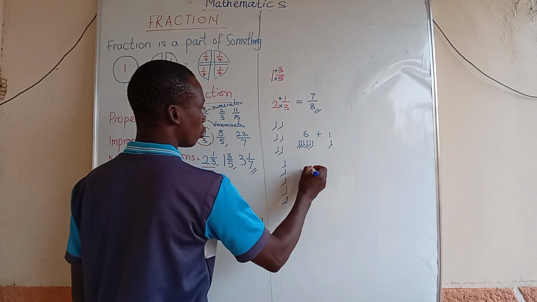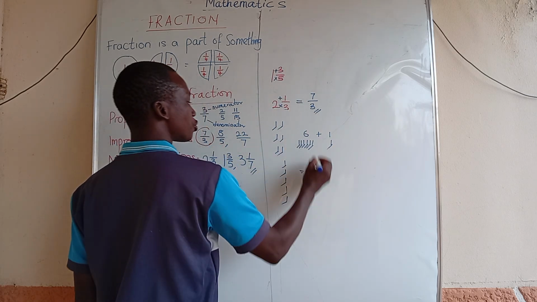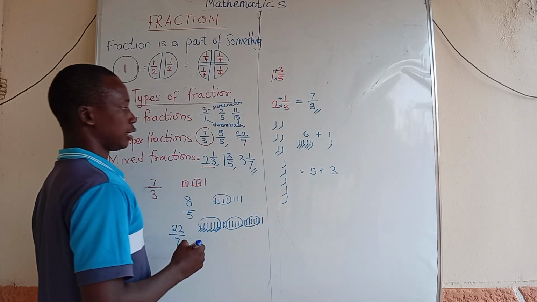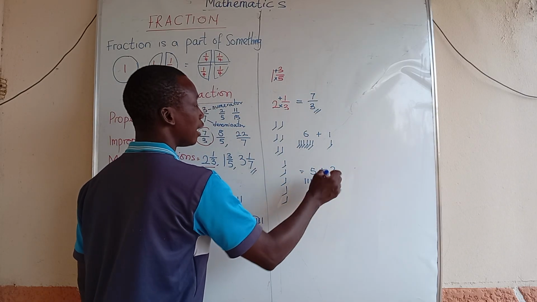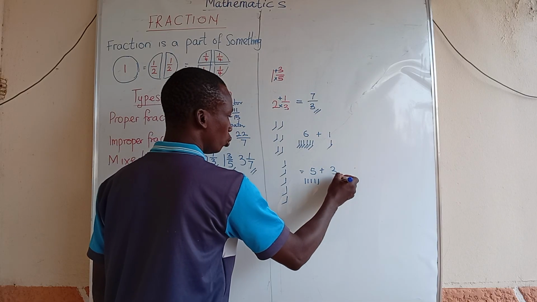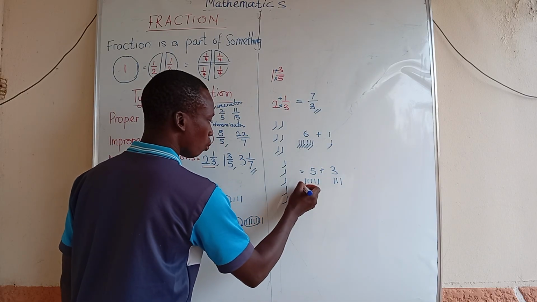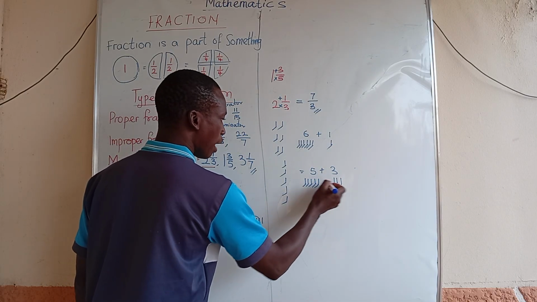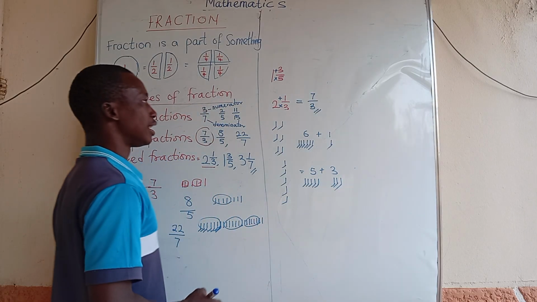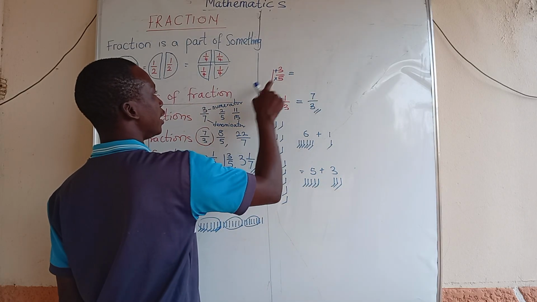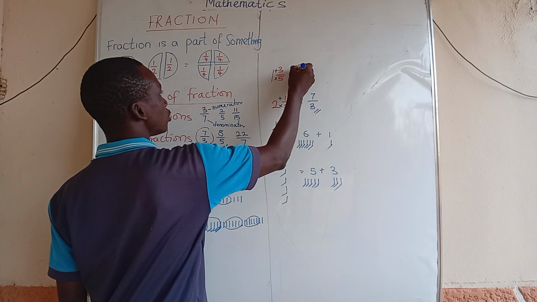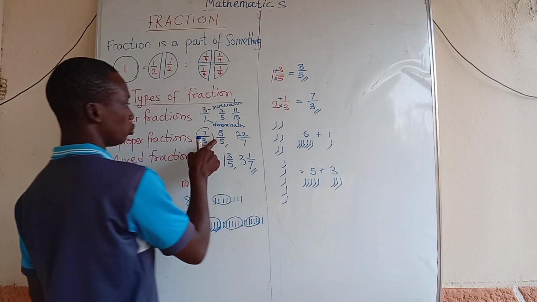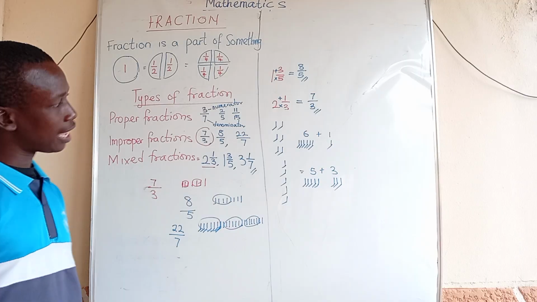So the answer is 5. Then plus 3. That means we count 5, 1, 2, 3, 4, 5, and then we add 3, 1, 2, 3. Then we count it together, 1 to 8. The answer is 8. So 1 times 5 plus 3 gives us 8/5. So you will discover that is exactly how to solve it.